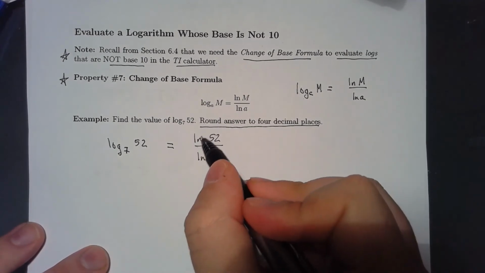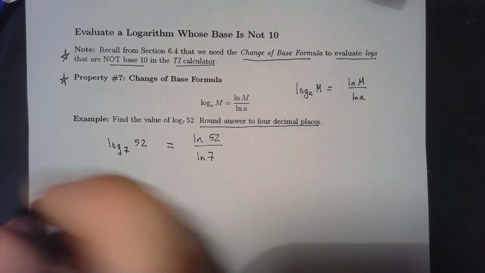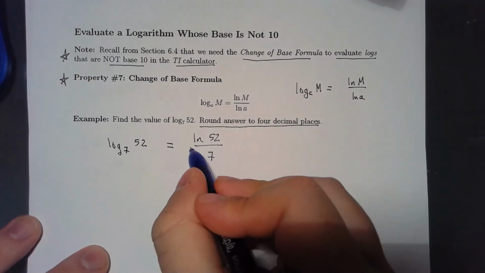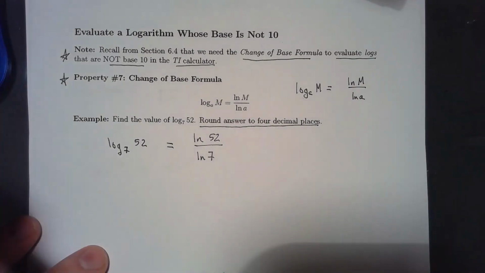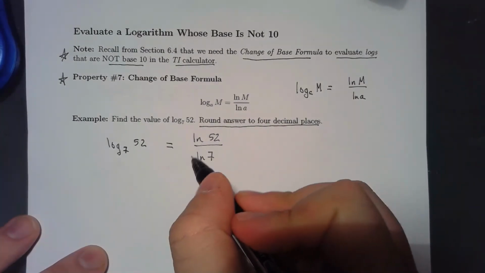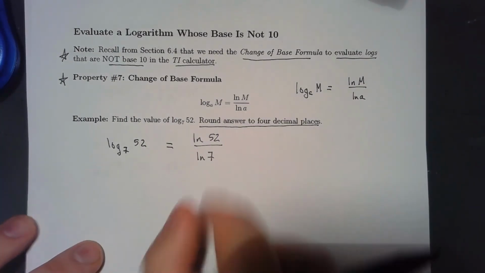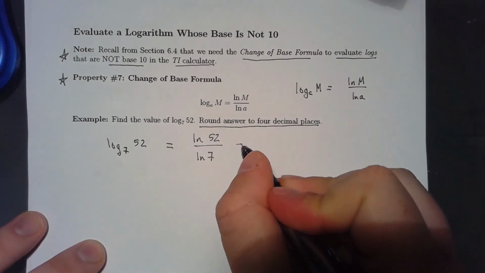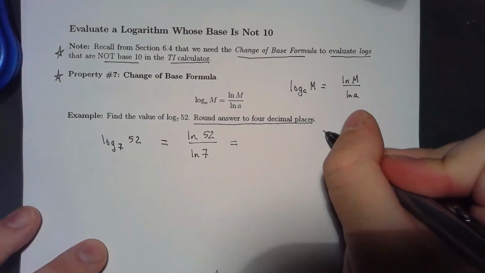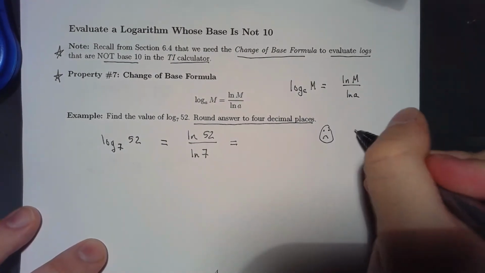Now, do not cancel out the logarithms. You cannot do that. Don't go and get 52 over 7. You can't do that. The log of a number, the log of it, they're stuck together. The log of the expression, they are stuck together.